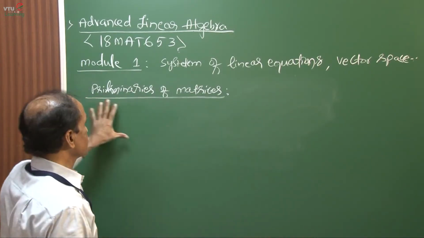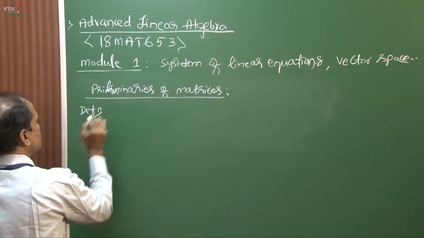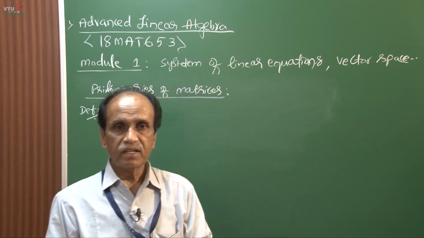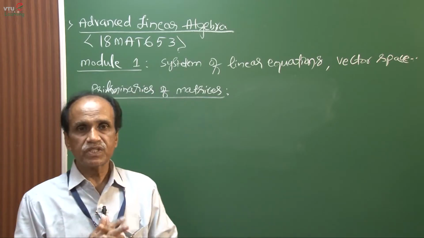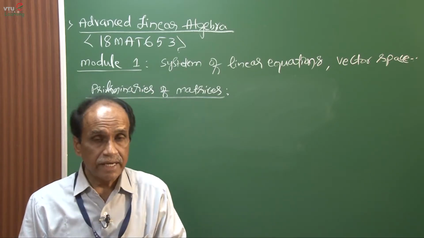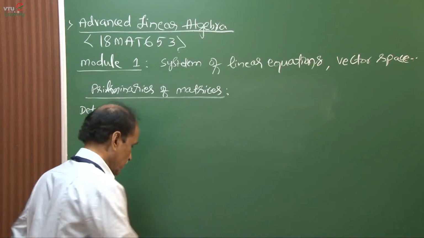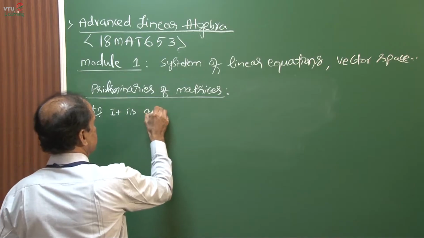Okay. The first one, definition. A matrix you can take with the symbol of big square brackets, and why is this chosen? Because it is an array of numbers which are arranged in the form of rows and columns.